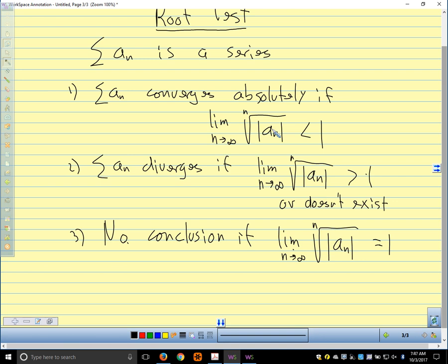So let's look at a quick example of the root test. If you have powers, if you have something like 2 to the n involved in your term, so if you have n powers of n, the root test is going to be very nice because those powers of n go away. Why wouldn't you just use the ratio test?